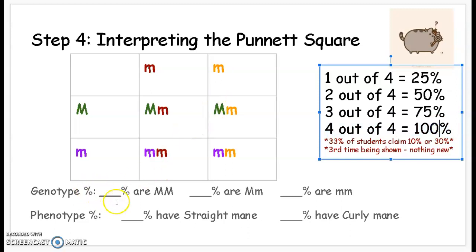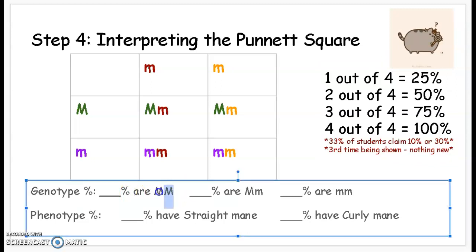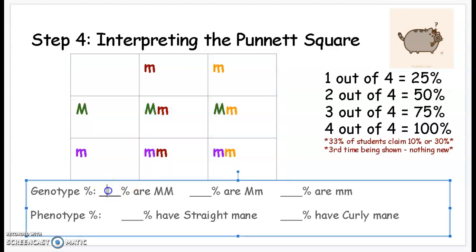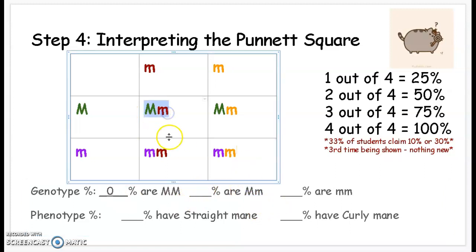Now, the genotype. We are going through specific genotypes. How many percent of the offspring is homozygous dominant? You will look at the chart. Do you see any? I do not see any. So, 0%. How many are heterozygous? 1. 2.